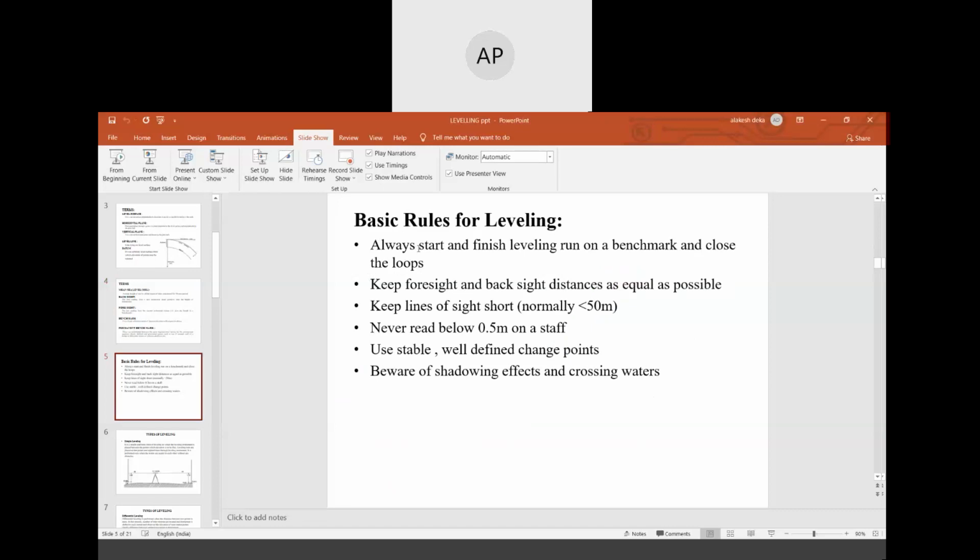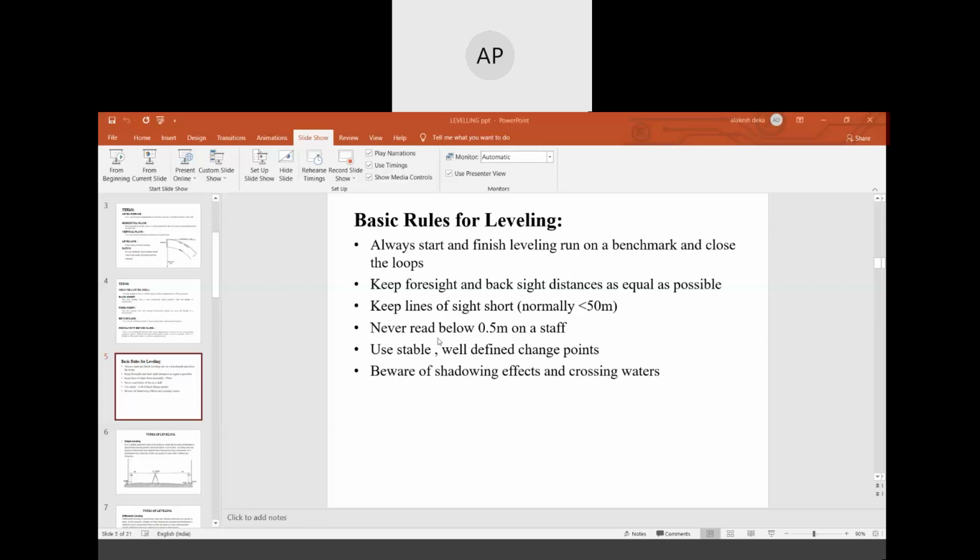So, basic rules of leveling. Always start and finish the leveling run on a benchmark and close the loops. Keep foresight and backsight distances as equal as possible. Keep the line of sight short, normally 50 meters.